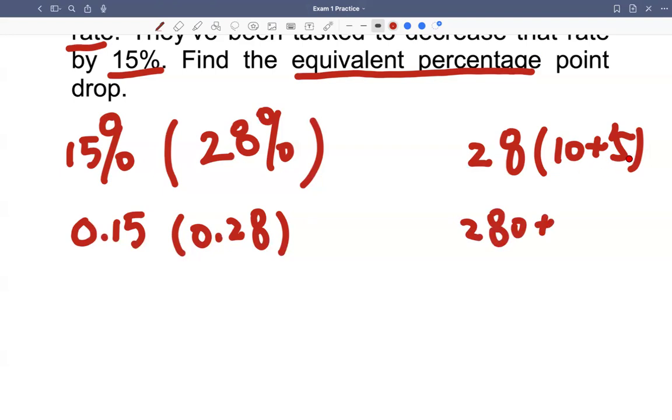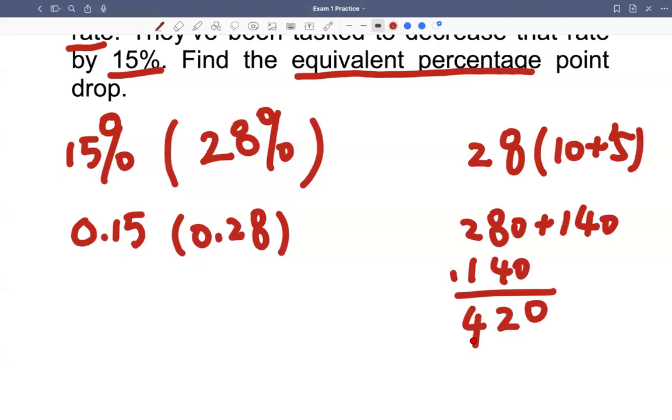Then 28 times 5 is 28 times 10 divided by 2, that's 140, because 5 is half of 10. So half of 280 is 140. Then add those two numbers. 0, 8 plus 4 is 12, carry the 1. So 420. Multiplying those two numbers, I get 420.